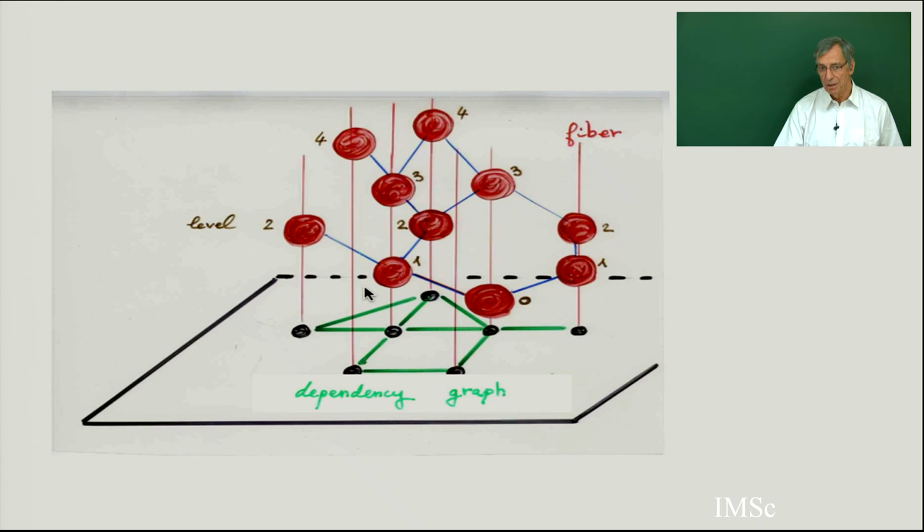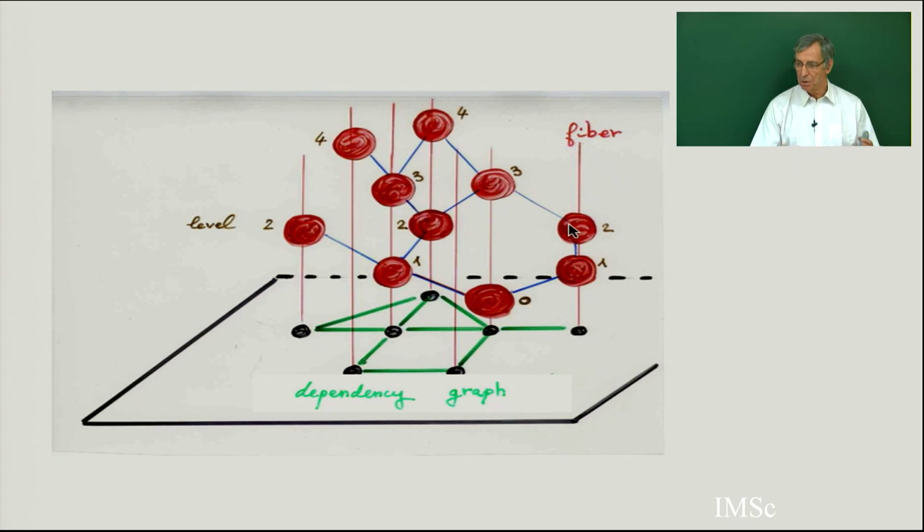Imagine, what are heaps? You have a graph. Below, you have a dependency graph. The green edges are the edges of the dependency relation, so 2 of these vertices are in dependence. And above each vertex, I have a fiber, like a vertical line. On each of these lines, I have big red balls, which are the elements of the heap.